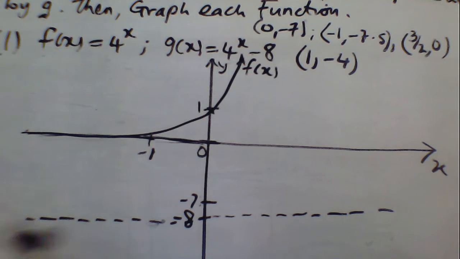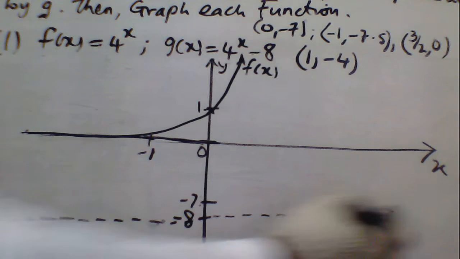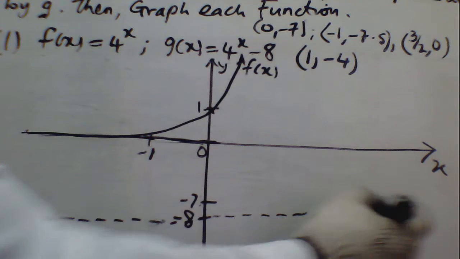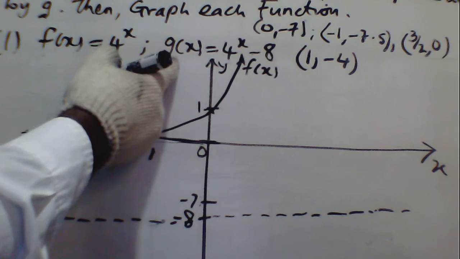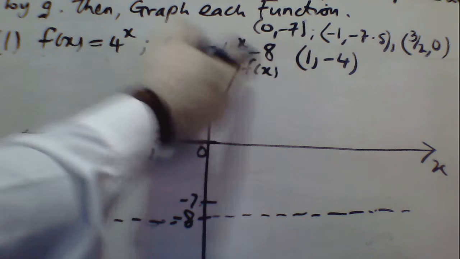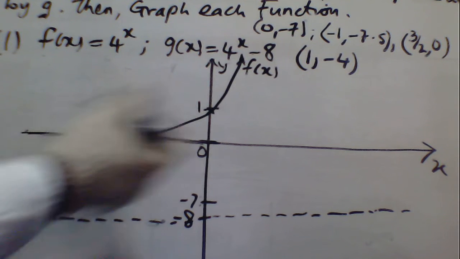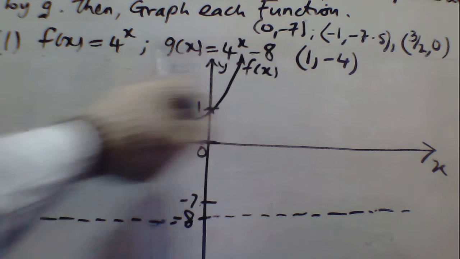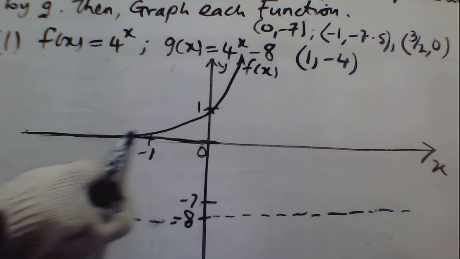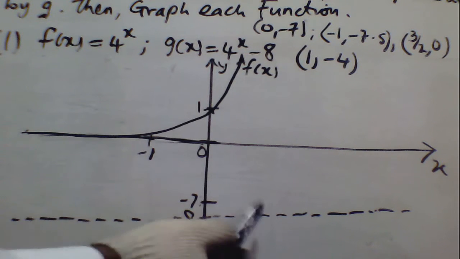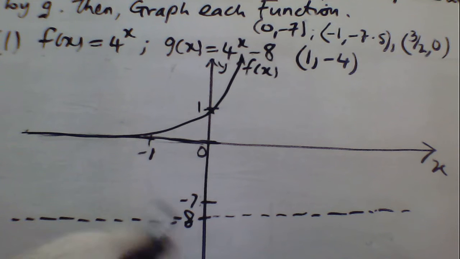This occurs when the exponential part is equal to 0. If it is equal to 0, we have minus 8. So this minus 8 acts as the horizontal asymptote. Because of the shift of minus 8, it doesn't start from 0 again, it starts from minus 8.